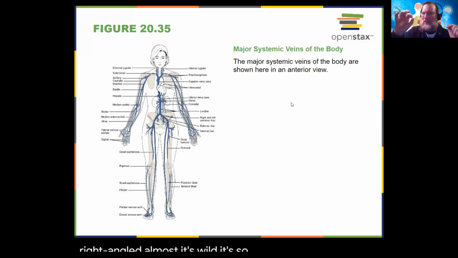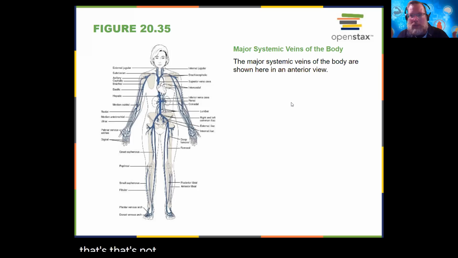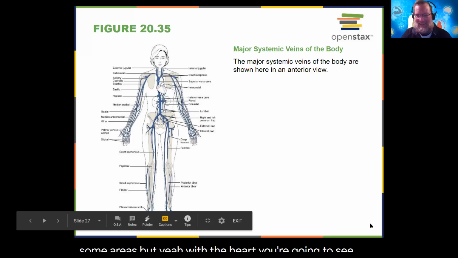It looks like somebody took a little square tab of paper and just put it right on the heart. It sticks out like a sore thumb. It's a bright white square or rounded spot. That's necrosis. That's dead heart. You think of necrosis, you think of blackened tissue, and that is true in some areas. But with the heart, you're going to see bright white.